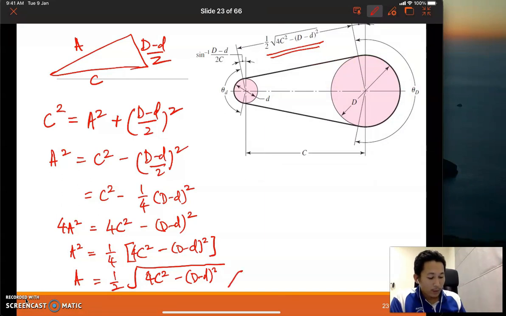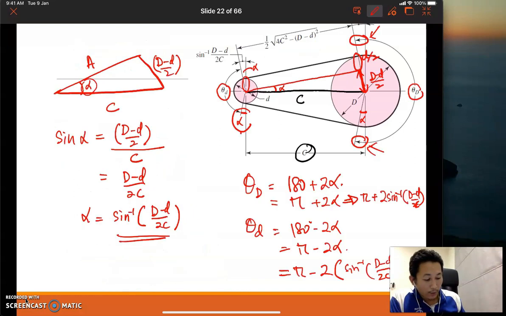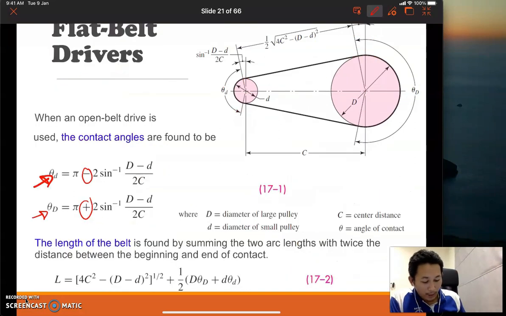So this is the length, L, equal to the square root of 4C square minus D minus d square.